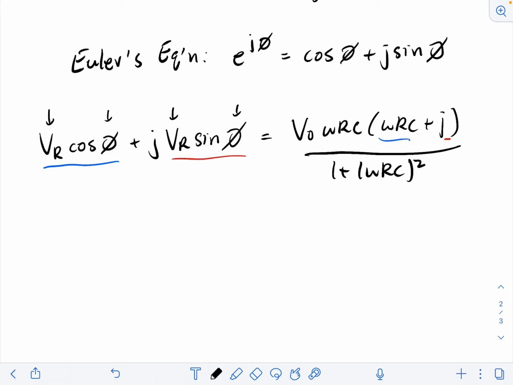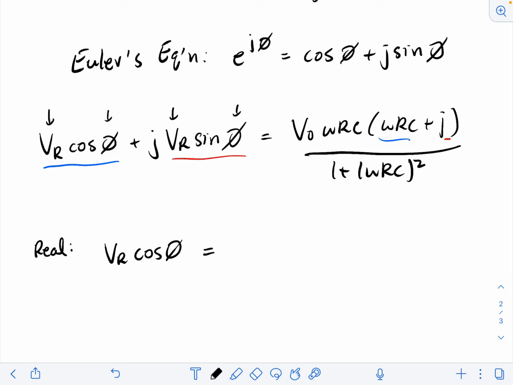So our first equation, equating the real parts, is that VR cos phi is equal to, okay, so what are the real parts of the right-hand side of this equation? So it's going to be V naught (omega RC) squared over 1 plus (omega RC) squared.